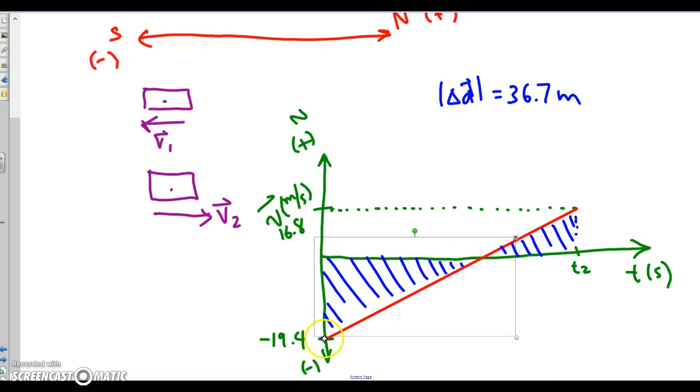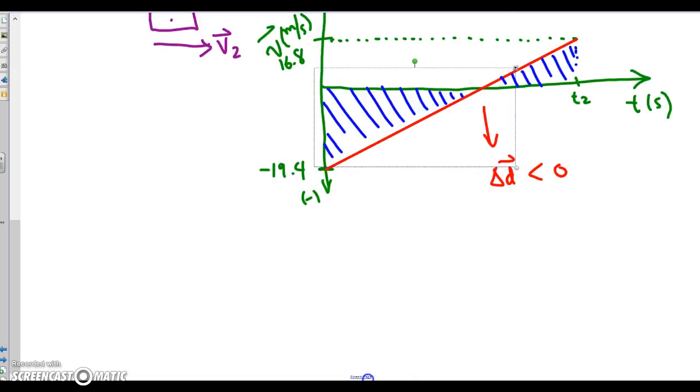And you can tell that because the magnitude of the train's velocity in the southward direction is larger than the magnitude of the train's velocity in the northward direction later on. So this graph is telling you that the direction of the overall displacement between point 1 and point 2 is negative.